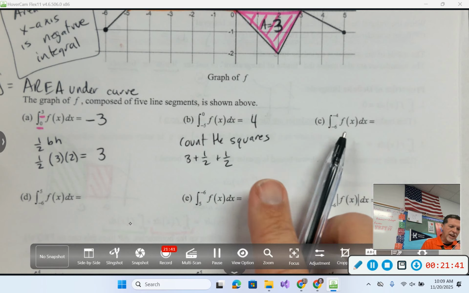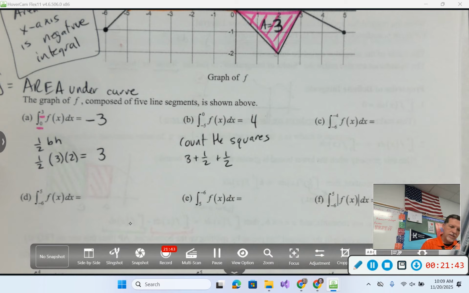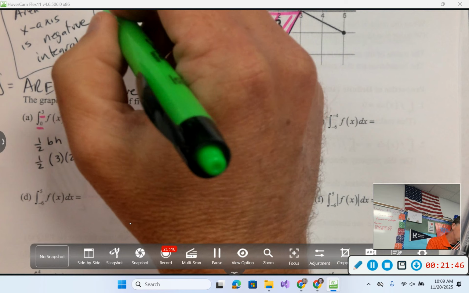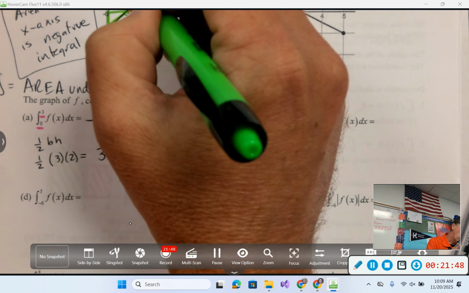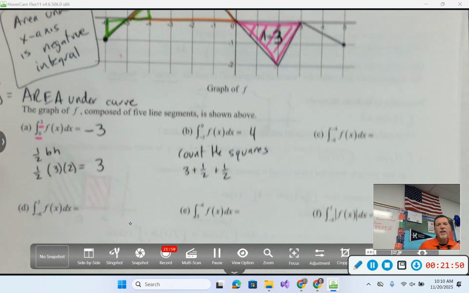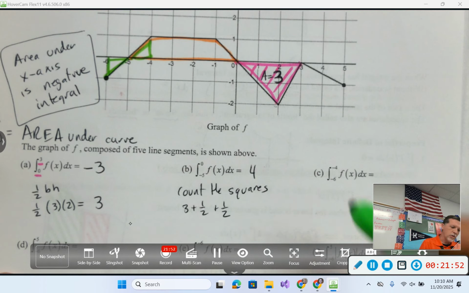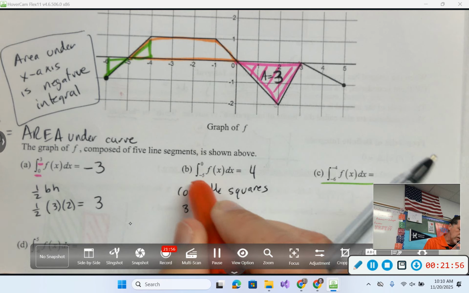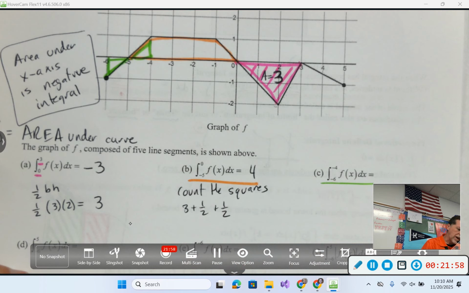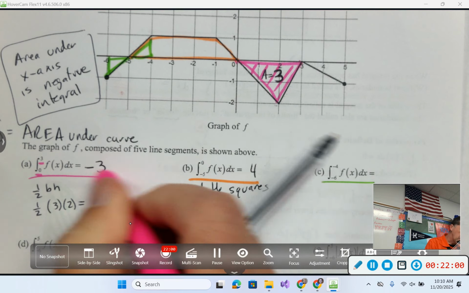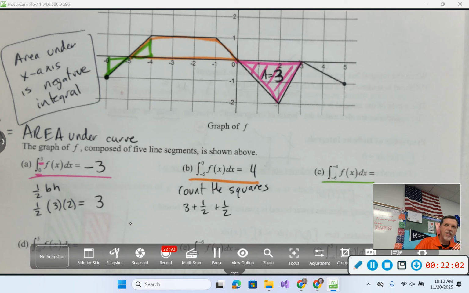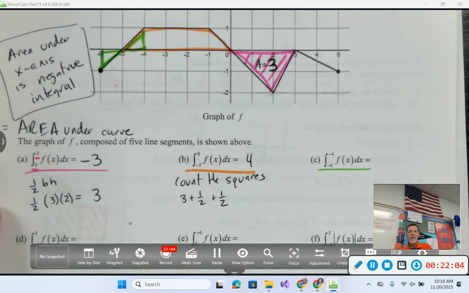All right, from -6 to -4. Color coding my answers here. Why 0?